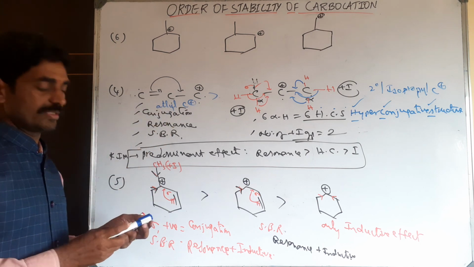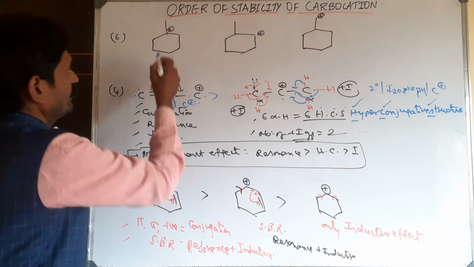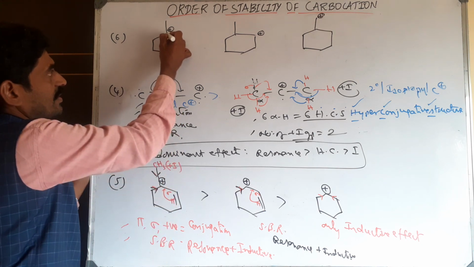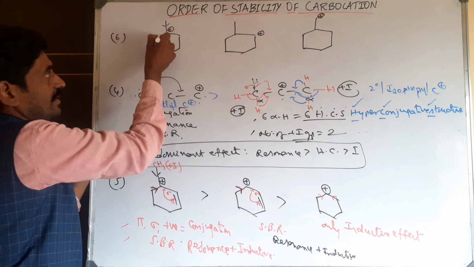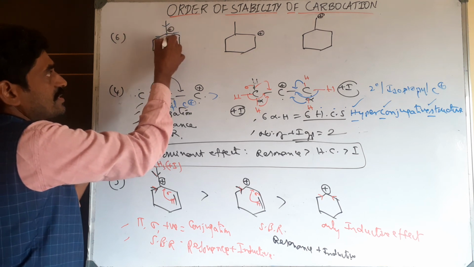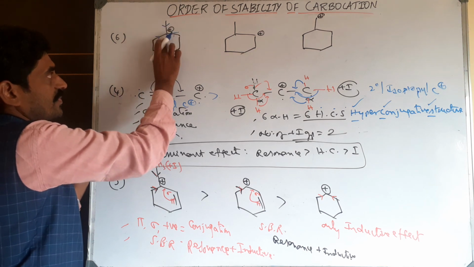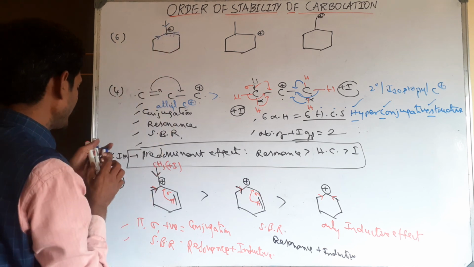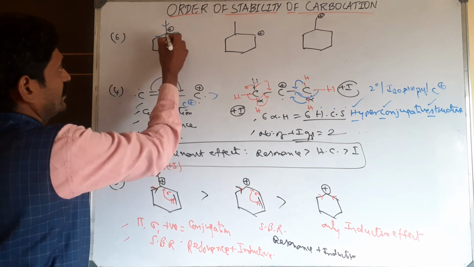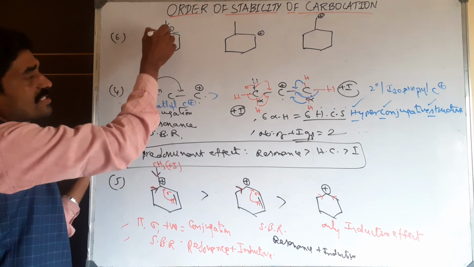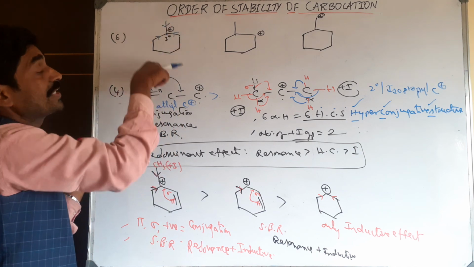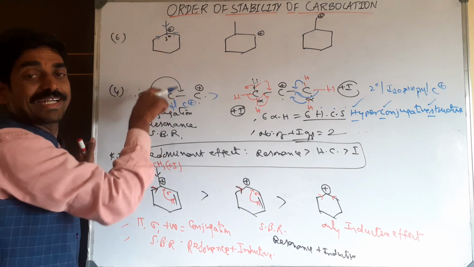So here we have to apply... In this case, this carbocation has a methyl group on this side, this side and this side. That's why it is a tertiary carbocation, my dear students. Being a tertiary carbocation, on all three sides it is getting electrons. It is going to be stabilized readily, with the greatest stability.